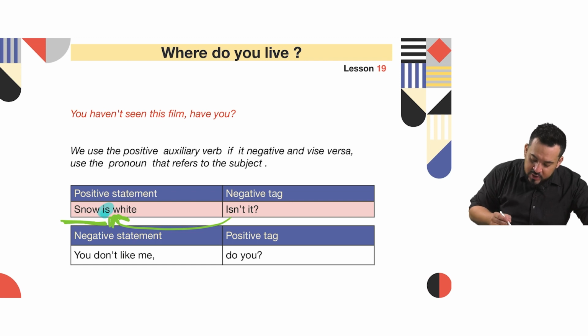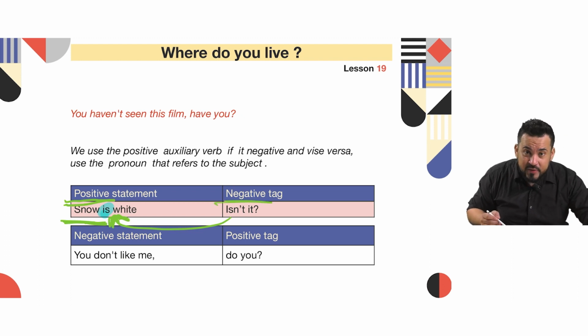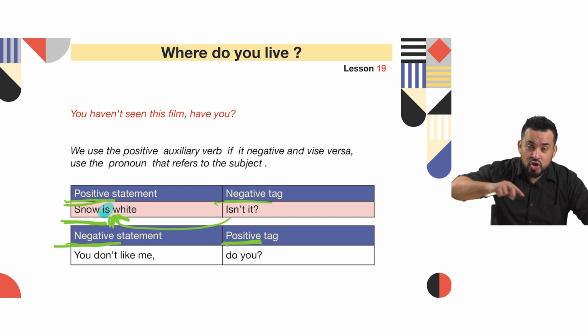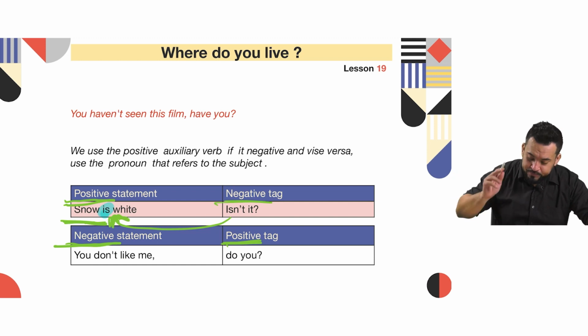If the auxiliary in the sentence is positive, then we make it negative in the tag question. If the auxiliary in the sentence is negative, then we make it positive in the tag question. So we always reverse. And we always make sure that we use the correct subject.